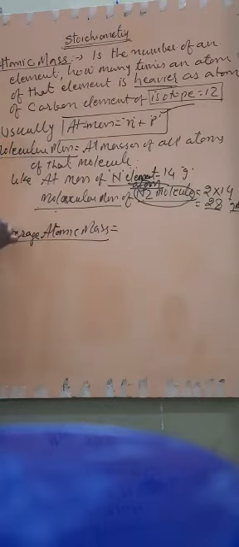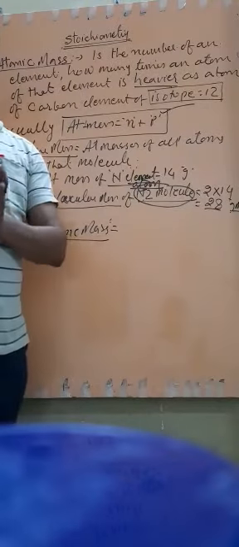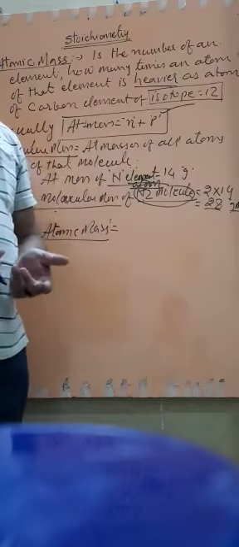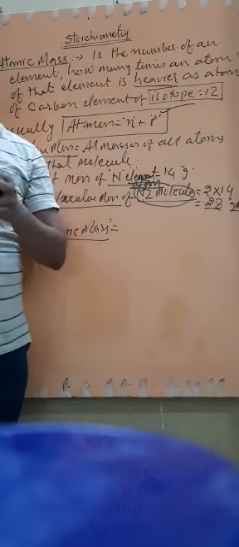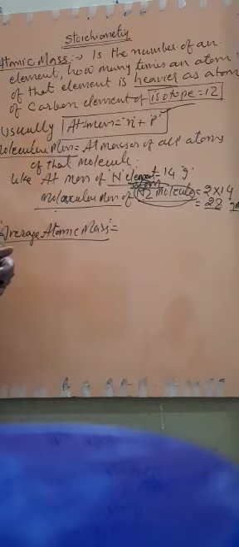It comes from the average atomic mass. Actually, elements exist in many isotopic forms. Isotopic forms means their atoms have different atomic masses. So if the same element has different isotopes, how do we give the atomic mass of that element? It is not possible.